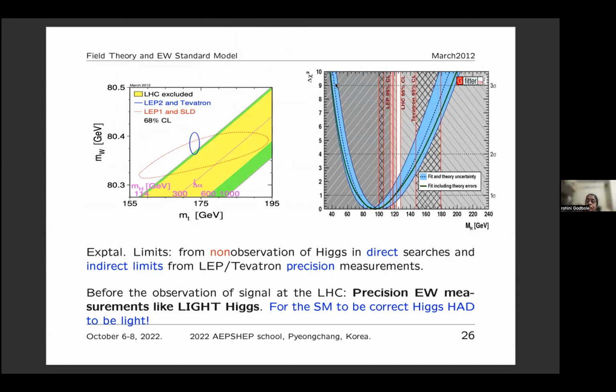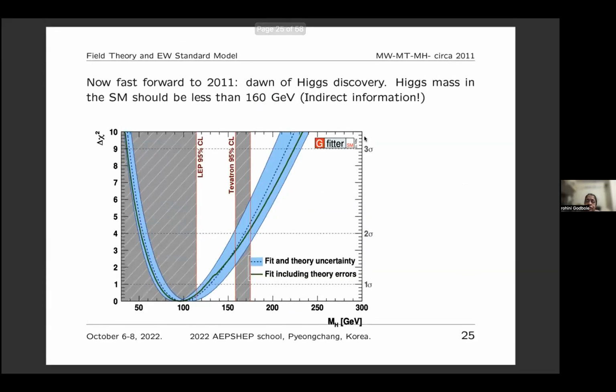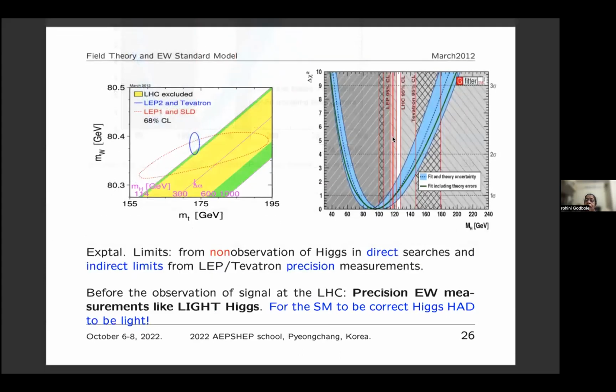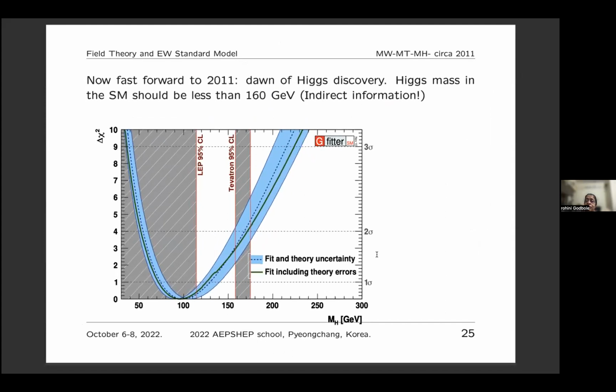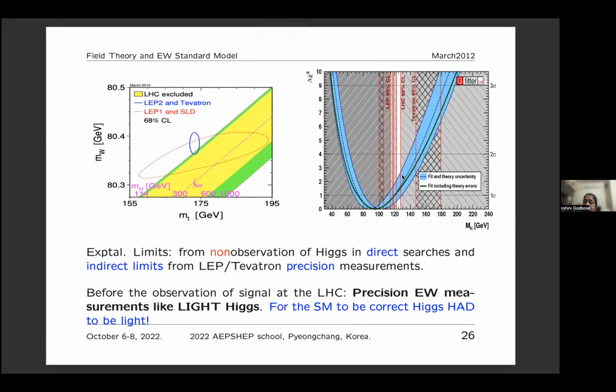So now what happened? The blue area, of course, has remained the same. We really didn't have any new additional precision measurements of MW or MT in this small period, that is from this time to this time. And this white region was getting excluded by the LHC measurement. And really, this thin sliver was all that was left in December 2011.